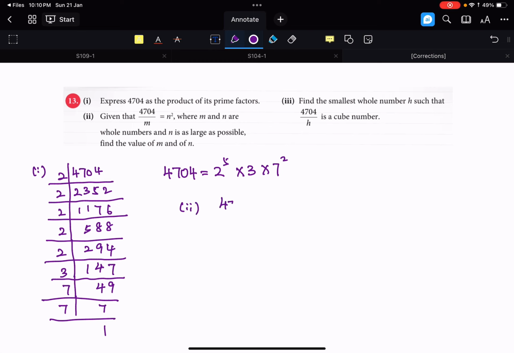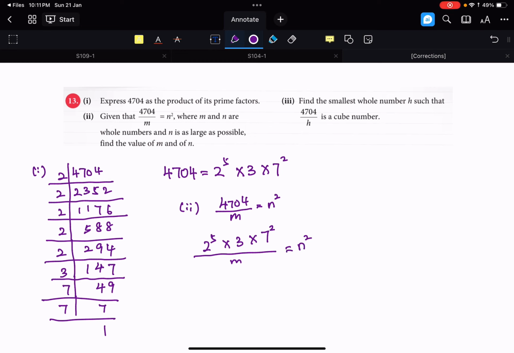So 4704 over m equals n squared, right? So 4704 is 2 to the power 5 times 3 times 7 squared, right? Over m equals n squared.